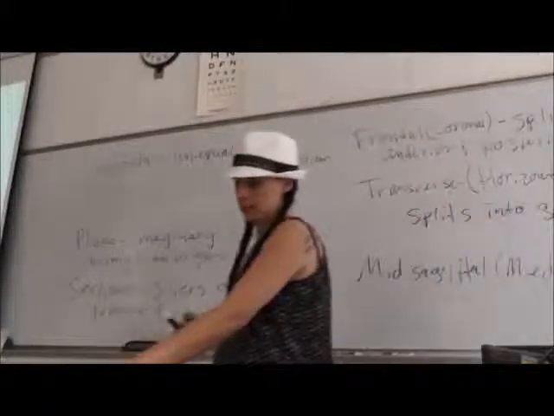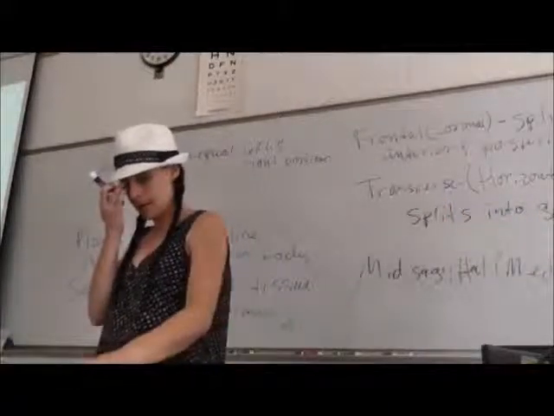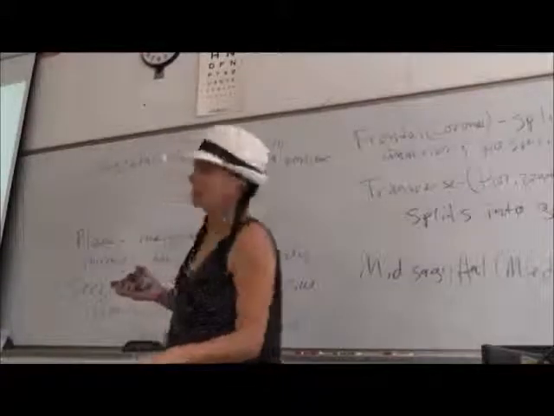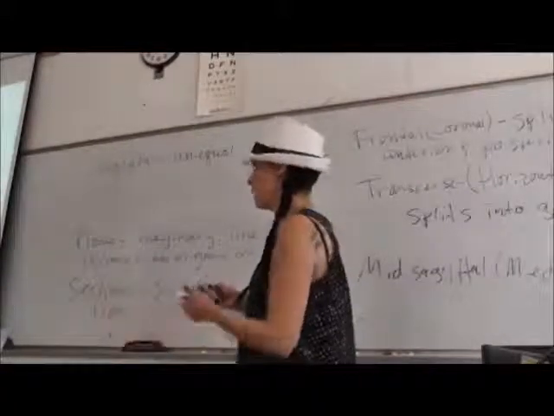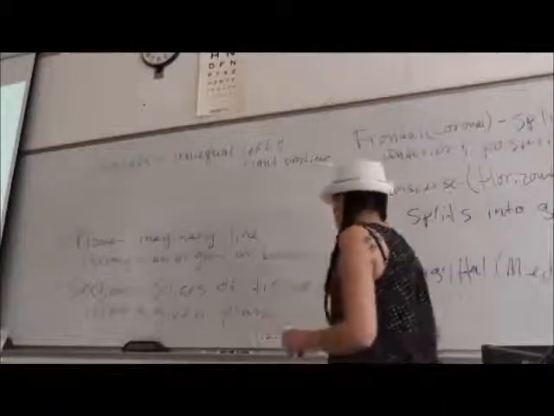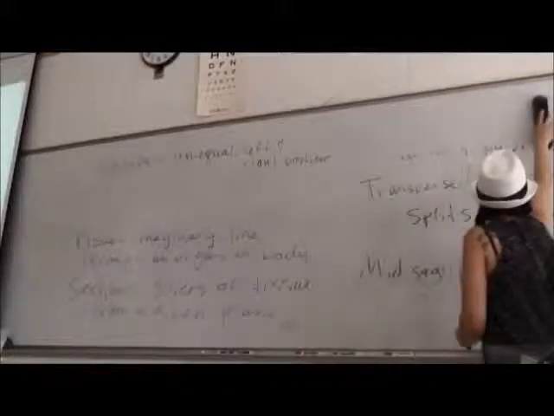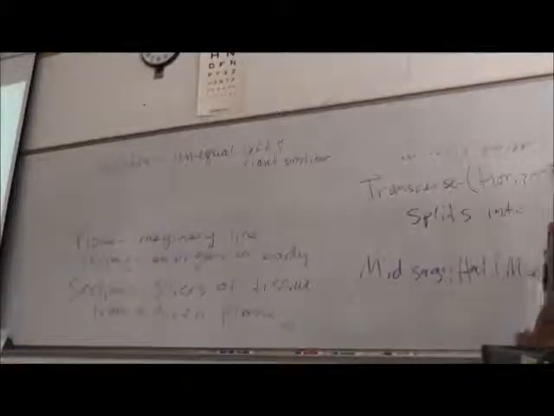Okay then, the next thing we need to talk about are body cavities. And then we're going to talk about membranes and body cavities and quickly go over a little bit about cells. So your dorsal cavity is the cavity that surrounds your brain and spinal cord.